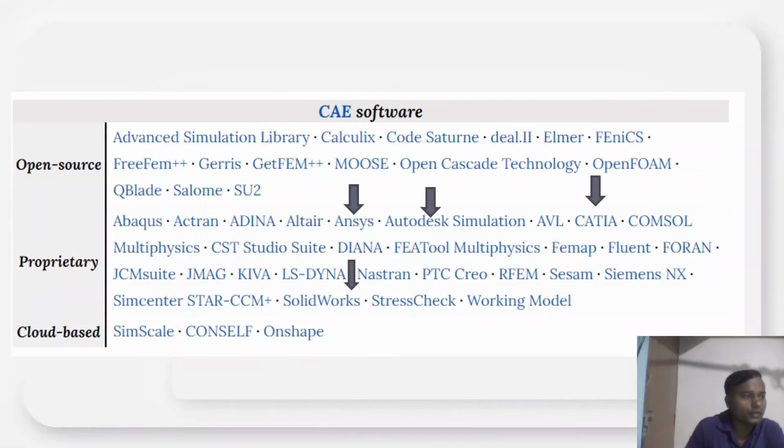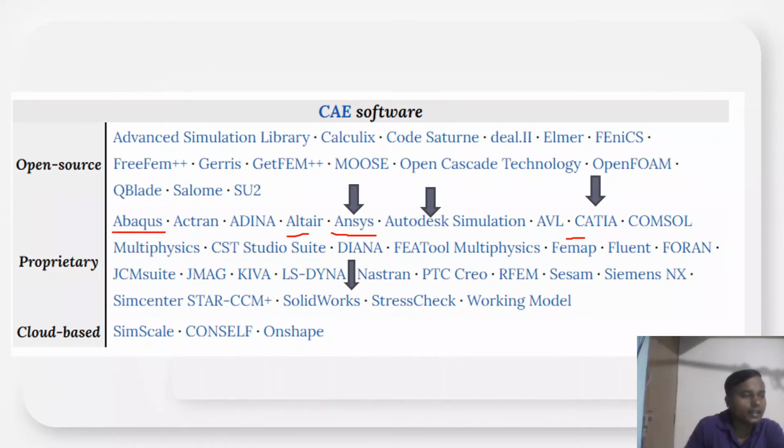These are softwares available in the market. First one, ANSYS. Everyone knows the purpose of ANSYS. In ANSYS we can do the analysis. Then Altair. You already know Hypermesh. Hypermesh is a product of Altair. This is software used for meshing purposes. Then Abaqus. Then CATIA, already known.